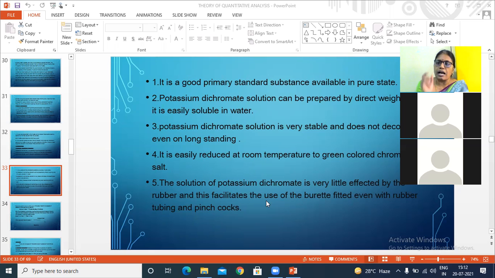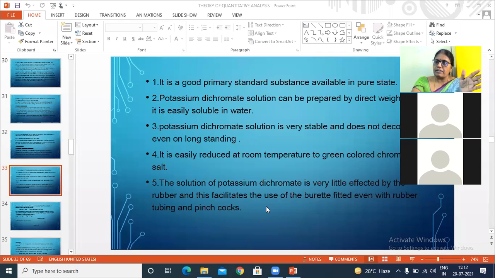We have to use glass burettes only for potassium permanganate, as I discussed in yesterday's class. Why? Because it is a powerful oxidizing agent, it can react with the plastic of the burette or the rubber cork of the titrating flask, because of its high oxidizing nature.